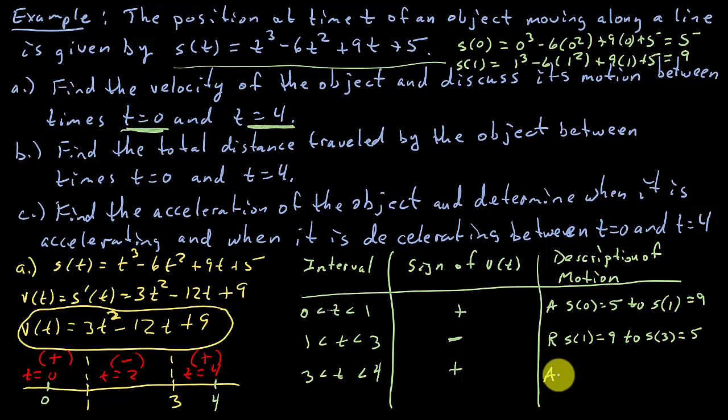And then it's advancing from S of 3, which is 5, to S of 4, and S of 4 is equal to 9. You take the 4, plug it in for t into the position function, and that gives you 9. So that's a description of the motion.